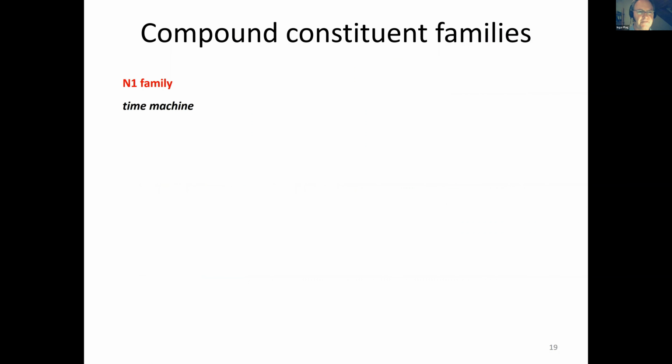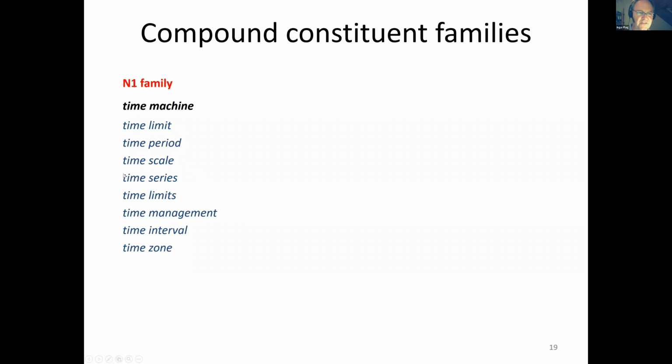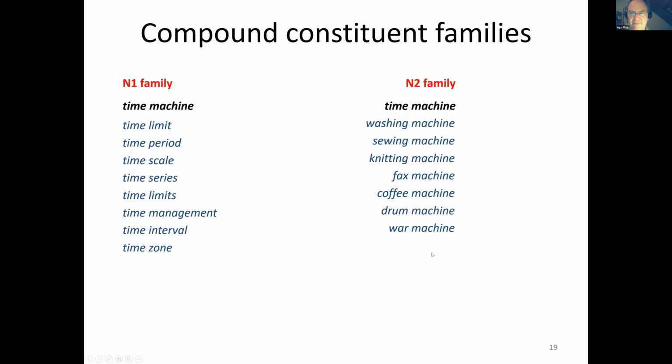So there's the first constituent family, the N1 family, and this is all the compounds that have the same first constituent. So in the case of time machine, it's all the compounds that have time in the first position. And as you might already guess, the N2 family is then all the compounds that have machine in the second position.